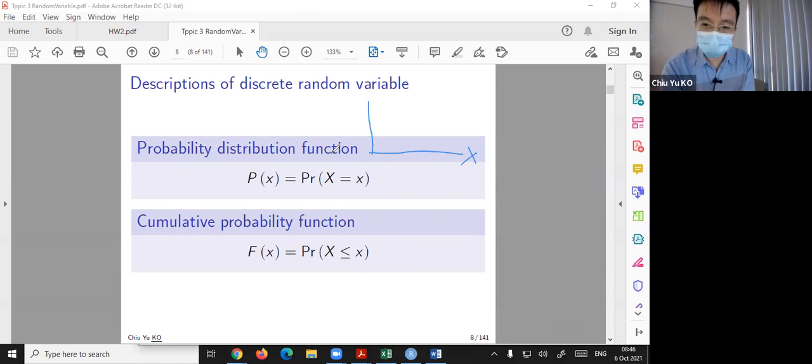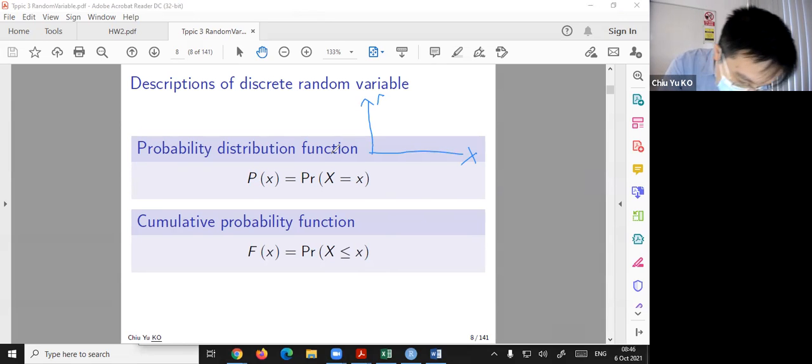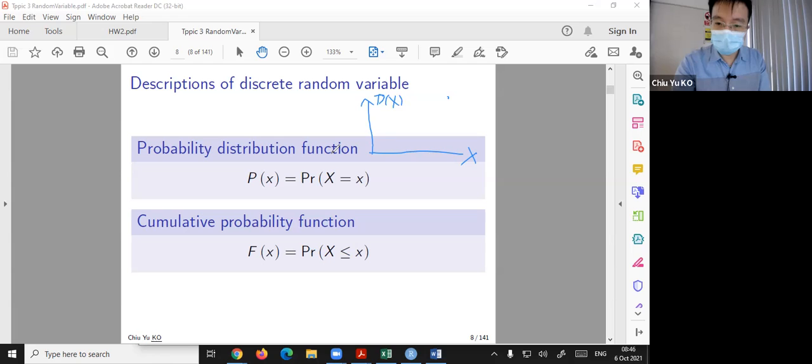All right, this is x, that's P of x. Okay, that's P of x. Right, so asking you x1 the value, x2 and x3, right? And the height, right? The height of the bar represents the probability, right?